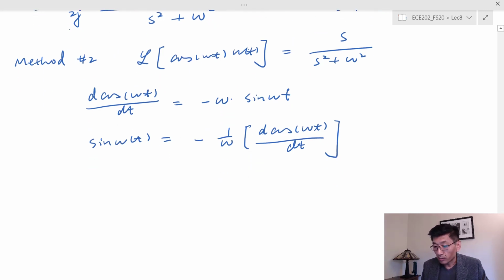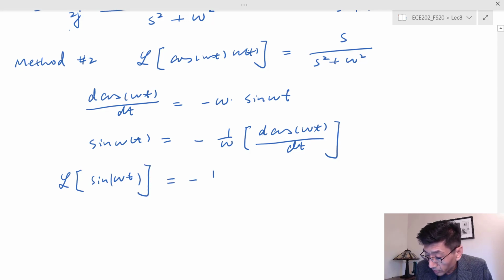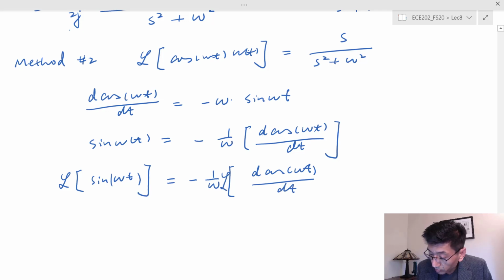And how are we going to utilize the differentiation property? The Laplace transform of sine omega t should be equal to negative 1 over omega times the Laplace transform of this derivative.